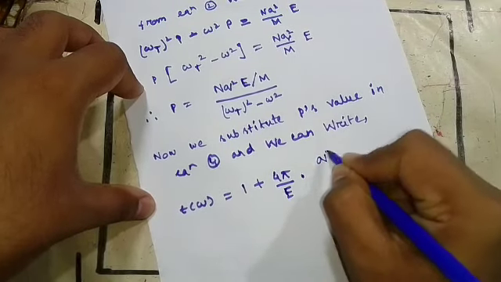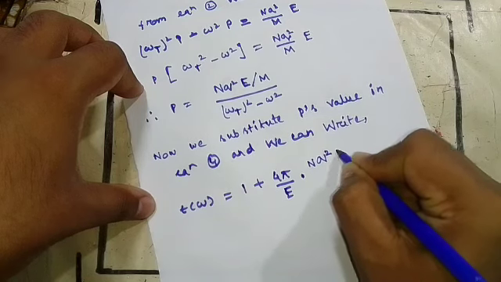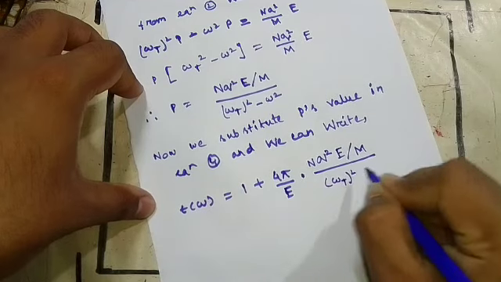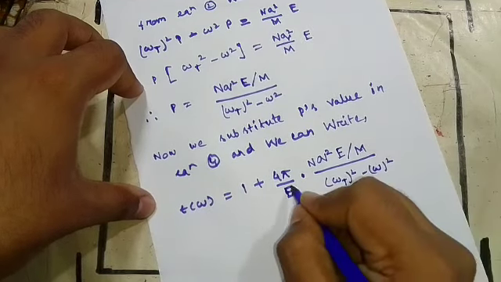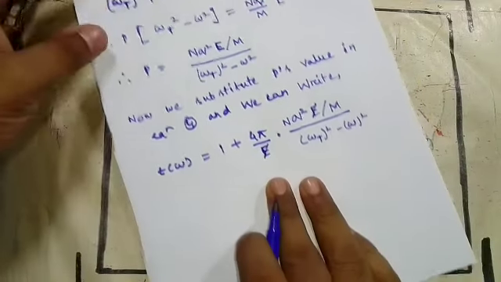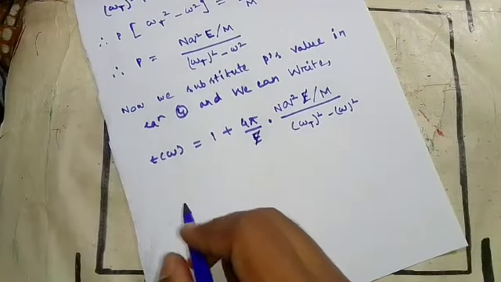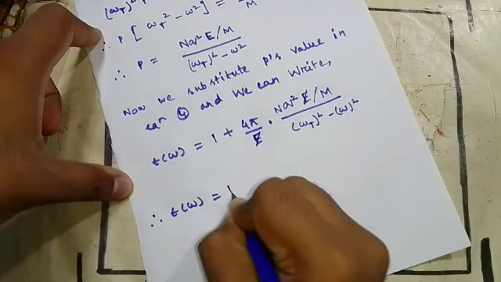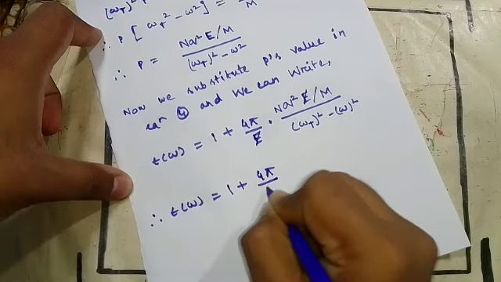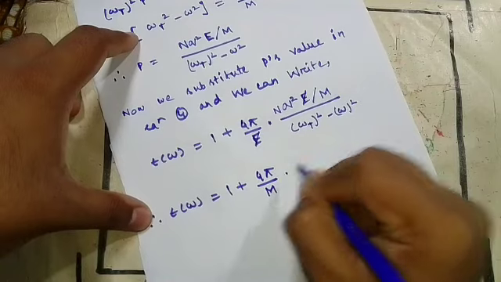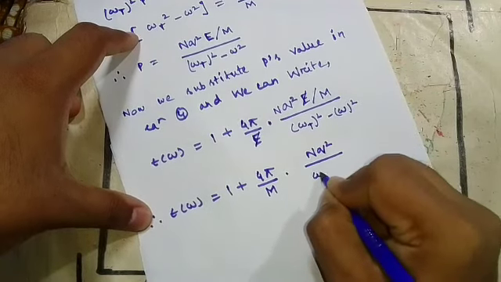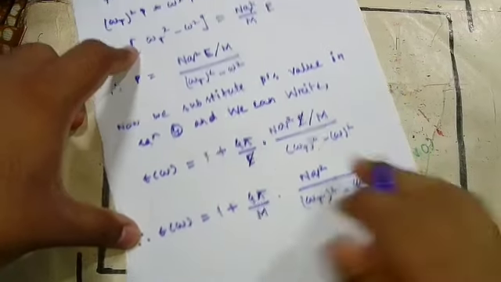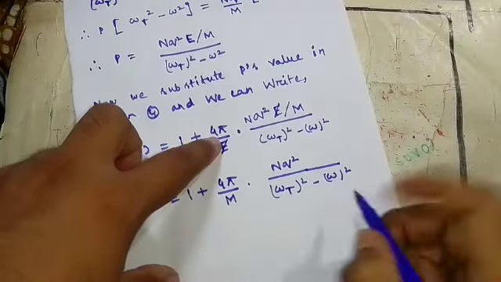What is the value of p? n q square e divided by m divided by omega t square minus omega square. e gets cancelled. Okay, so we can write epsilon omega is equal to 1 plus 4 pi by m into n q square by omega t square minus omega square, and this is equation 5.